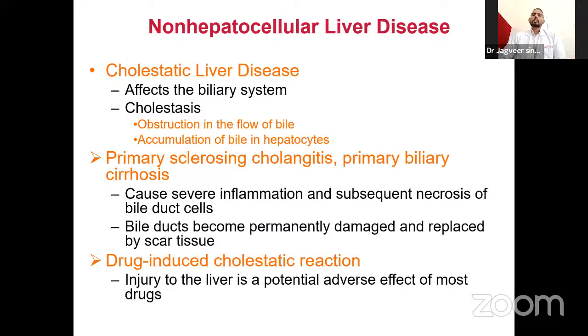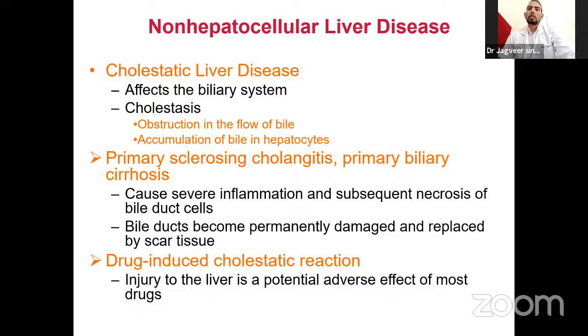So now first we will discuss the non-hepatocellular liver diseases. In this group we have the cholestatic liver disease. They basically affect the biliary system, or cholestasis. Whenever there is an obstruction in the flow of bile, that will lead to the accumulation of bile in hepatocytes.